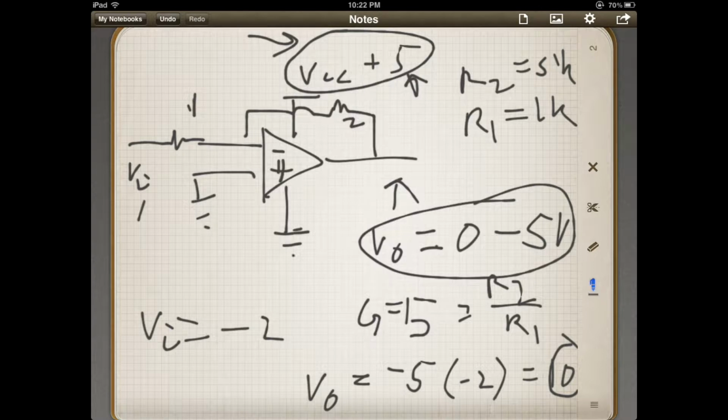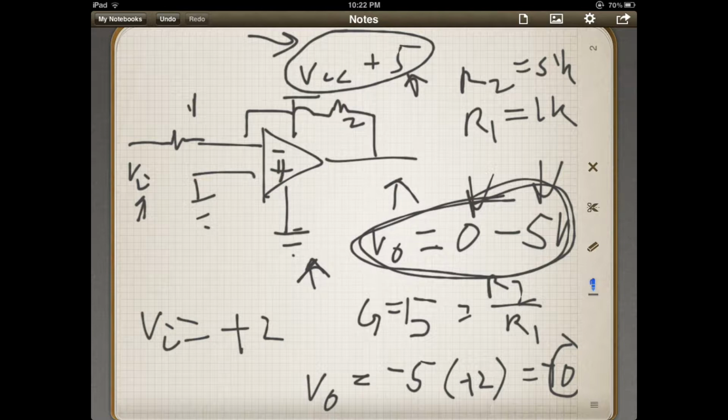Since it's single rail, if this input voltage was a positive 2, that would make this a negative 10. Well, it would rail at 0. If it's going to come out to be a negative 10, and I've got this situation right here, I've got only 0 to 5 volts. I can't go below 0 because I've got ground here.